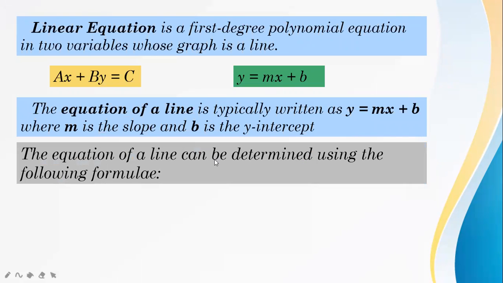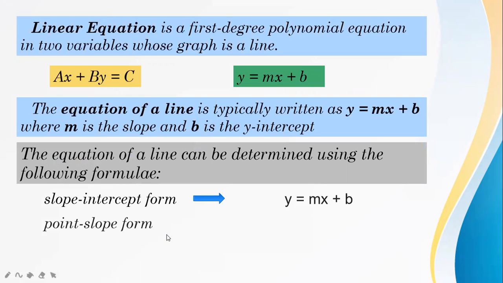The equation of a line can be determined using the following formulae. We have the slope-intercept form, and this will be the given formula, y equals mx plus b. We have the point-slope form, y minus y sub 1 equals m times the quantity x minus x sub 1.